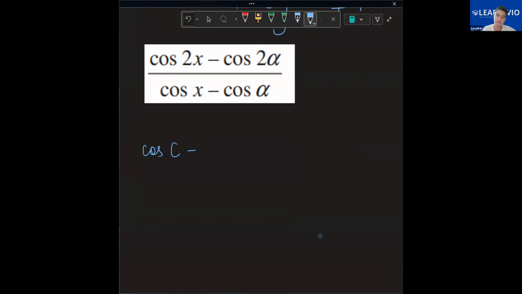Cos of c minus cos of d, that is 2 minus sin c plus d by 2 sin c minus d by 2.